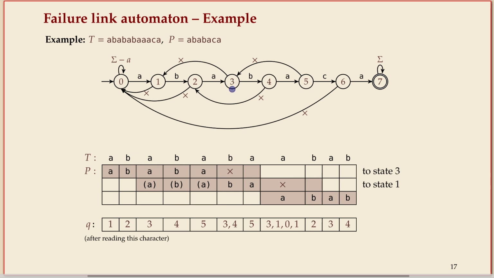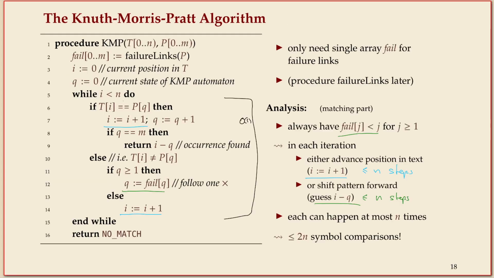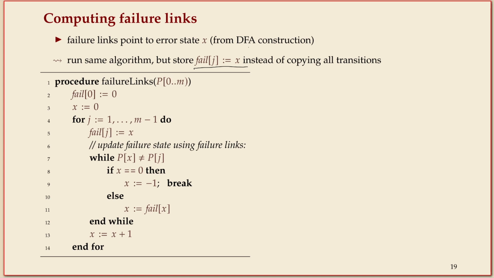So if X is currently 3, then we have to set it to where it was if we read a B. And so while the next character that we see is not the next character we have to read, we again follow a failure link. This -1 is just because we update X, increment X here anyways. So that's a boundary case for the 0. It's the very same idea as we did in more detail for the DFA construction.